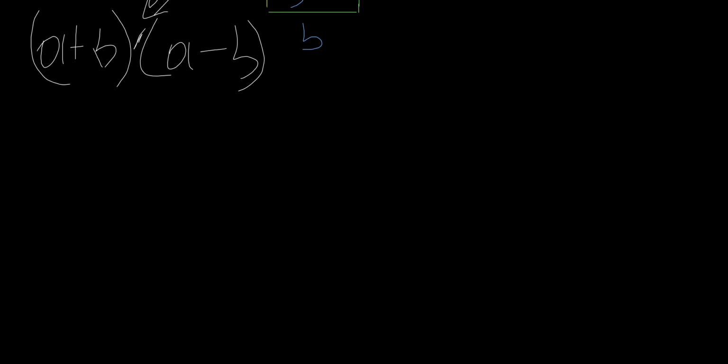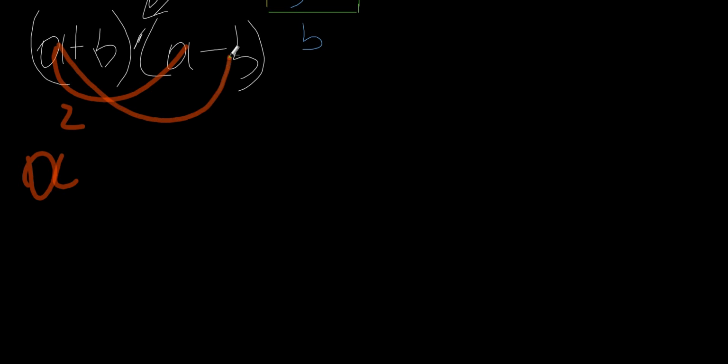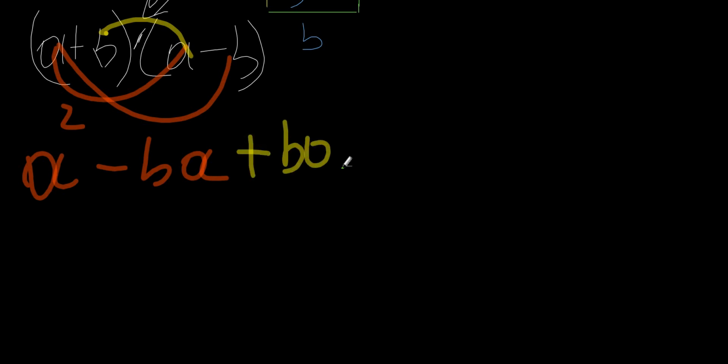We say a times a gives us a squared. A times negative b gives us negative ab. We do the same thing with the other side: b times a gives us plus ab, while b times negative b gives us negative b squared.